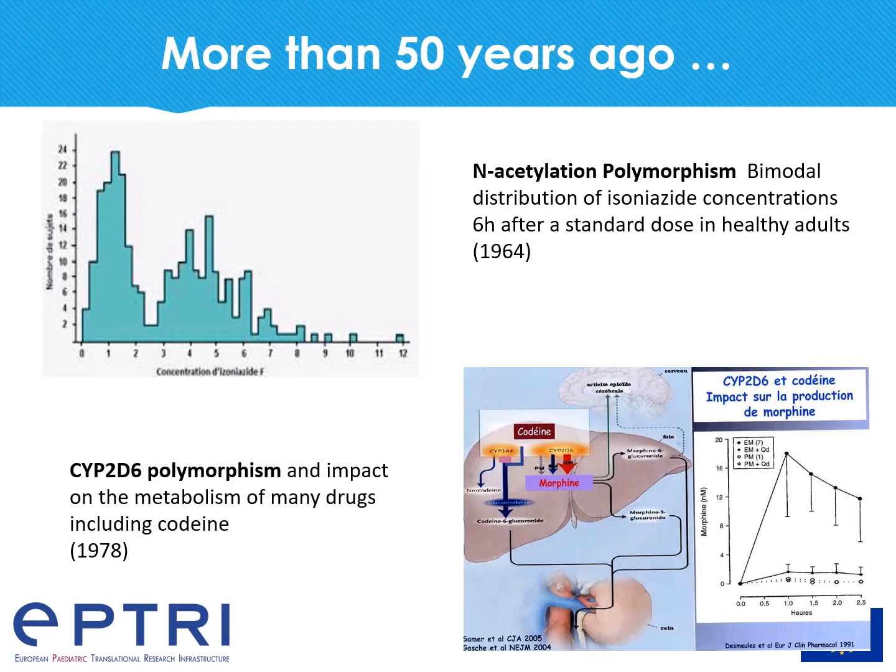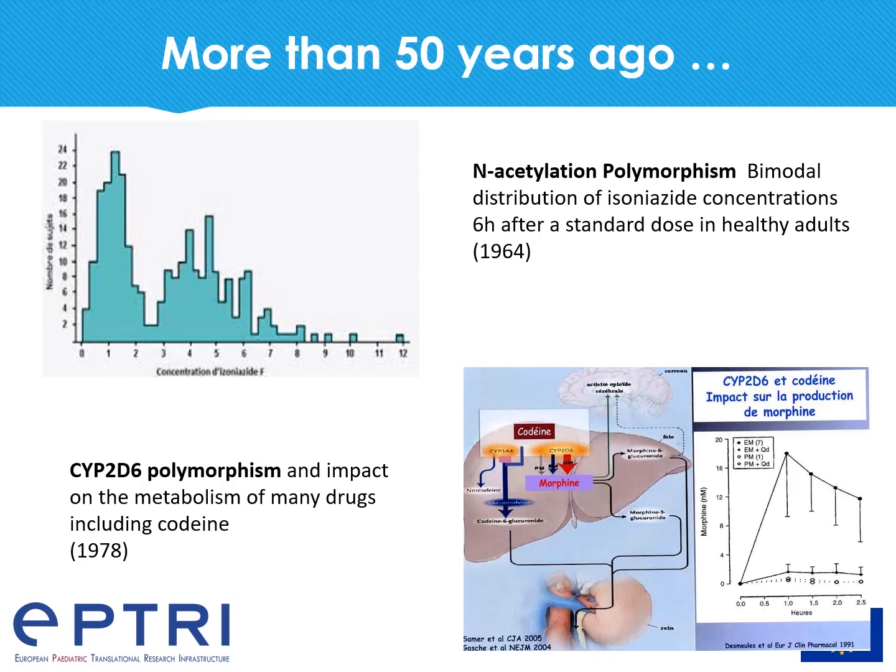More recently, in the 1980s, polymorphism of different cytochrome P450, primarily cytochrome P450-2D6, had a major impact on the metabolism of many drugs, including codeine. And what you can see here is that when given codeine, because of polymorphism of this cytochrome, the transformation to morphine is highly variable.